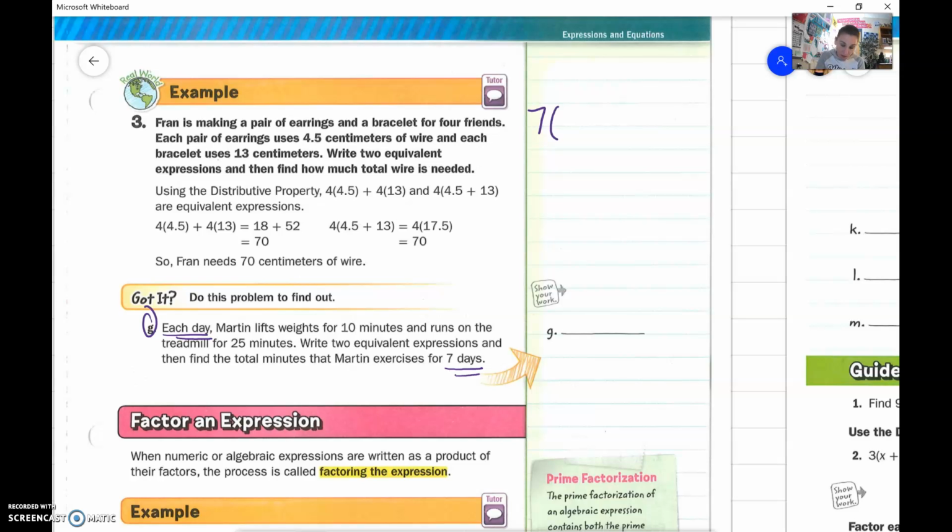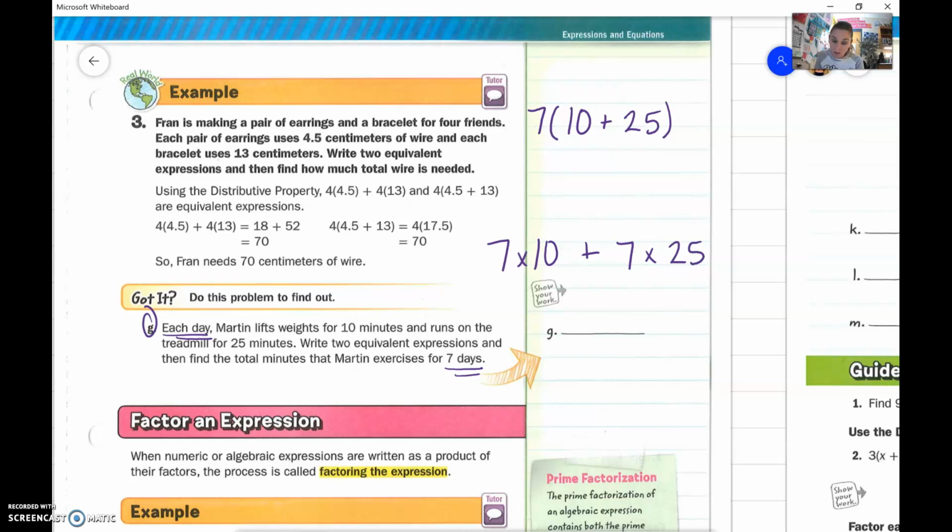he lifts weights for 10 minutes and, there's my plus sign, and runs on the treadmill for 25 minutes. So there is one way to write it. Now, the other way to write it is we can take 7 times the 10 minutes that he weight lifts, so 7 days a week for 10 minutes, plus 7 days a week times 25 minutes.